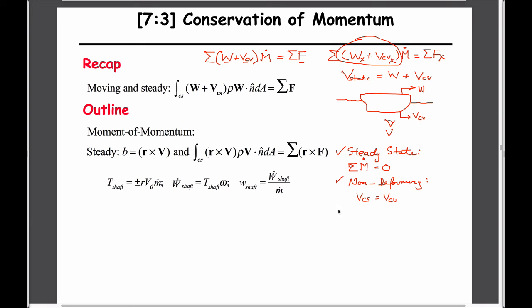In that case, we can take this relationship and write it as this, but with this term cancelled out to 0, because the sum of these components has to equal 0, because the sum of mass flow rates equals 0.